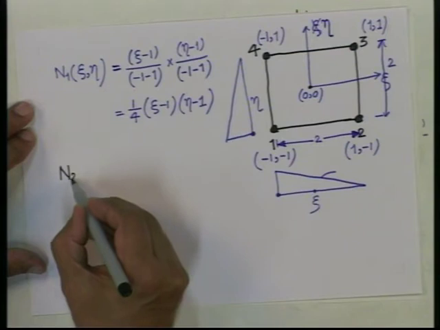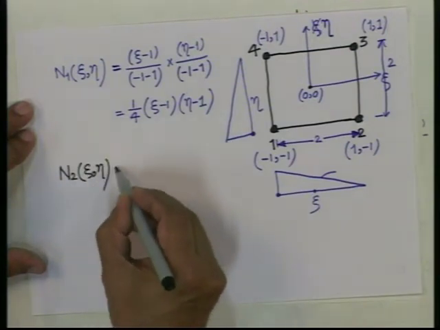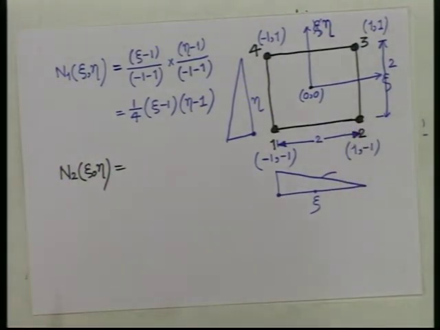Now, in the same way, how to find out the shape function for node number 2? This requires practice. I want the shape function for this node, node number 2.